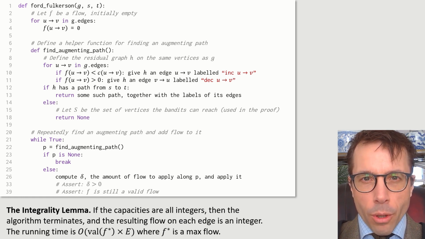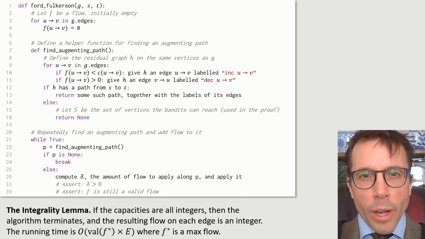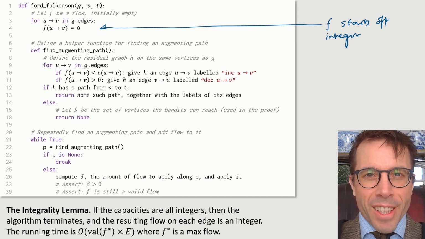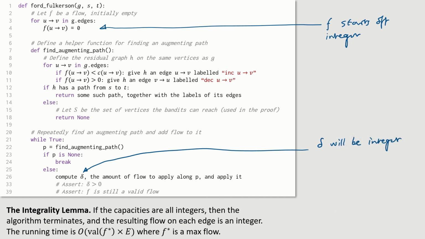We're going to go through the code step by step and ask, if all the capacities in our network are integer, can we prove that the flow will always be integer on every edge? First, the initialization. We initialize the flow to 0, which is certainly an integer. Next, the augment.